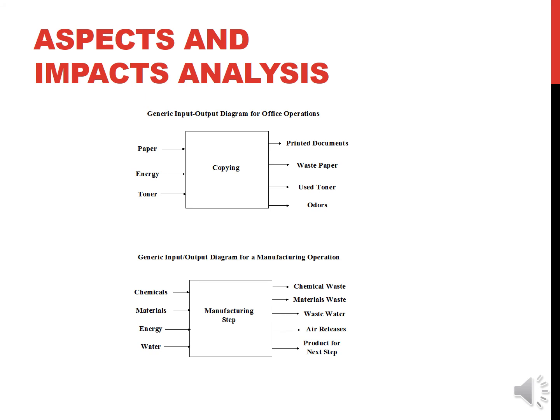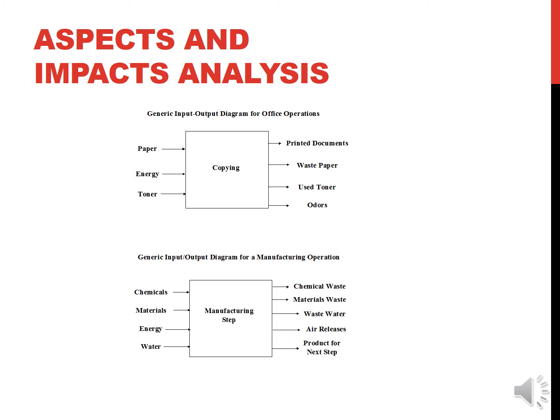The foundation for aspects and impacts analysis is a process diagram, input-output diagrams. And I've already outlined, I believe, 13 basic processes at Harry's, and you can analyze those using this particular approach. What are your inputs and what are your outputs?